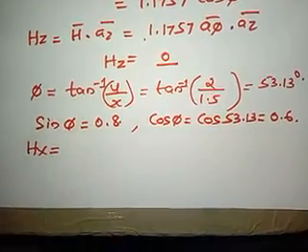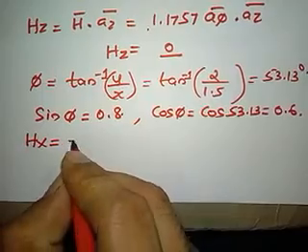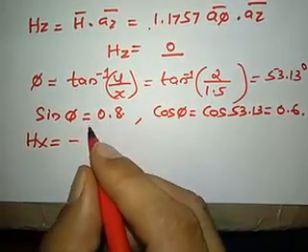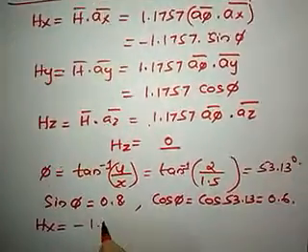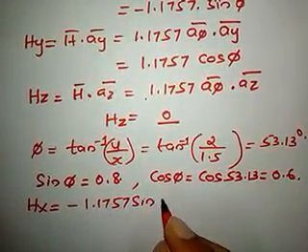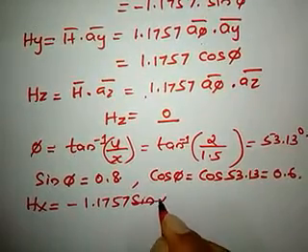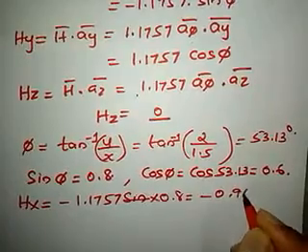Right. So next, Hx is minus of what we have got here, minus of 1.1757 sine of phi. Sine phi is 0.8, so multiplied with 0.8, this comes out to minus 0.94.